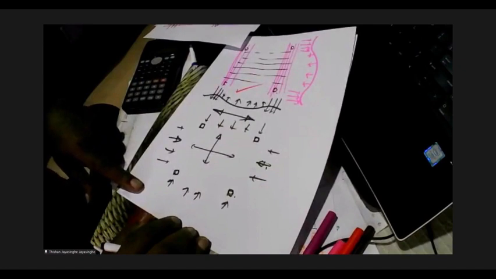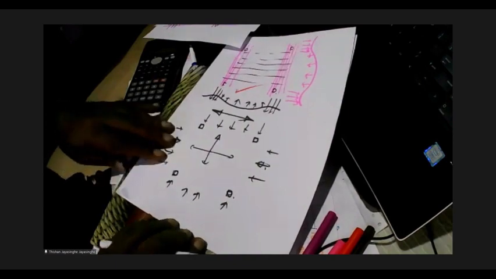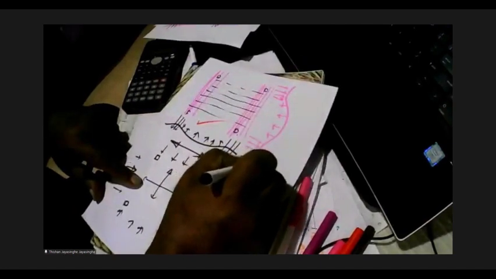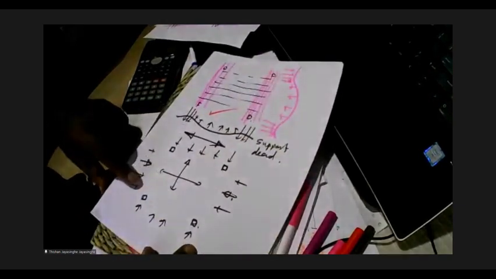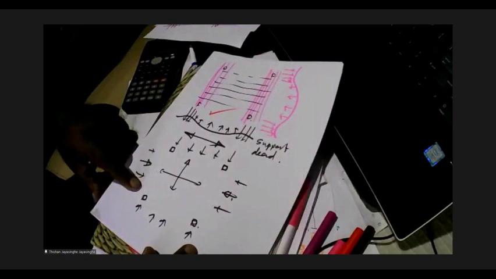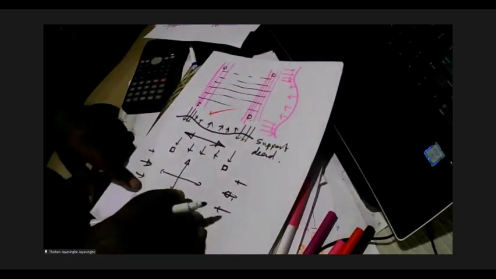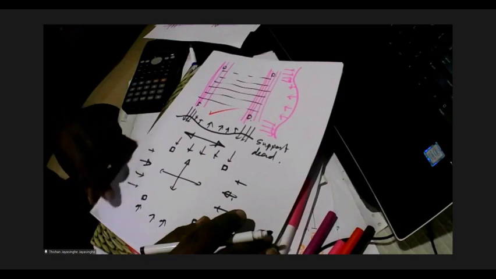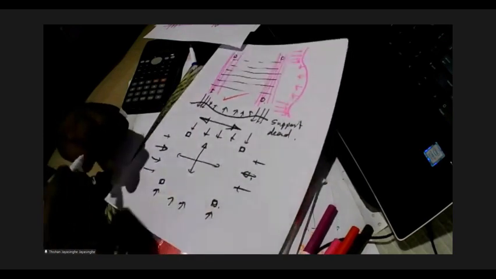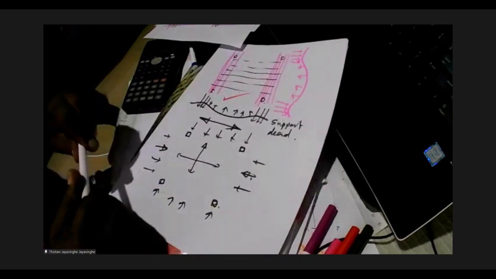So to do the design, first we have to find this system to support the dead load. And once the dead load is supported, we have to find the effect of live load in a slab like this, and then decide whether the stresses are violated, as we did in the simply supported case that we have just seen.